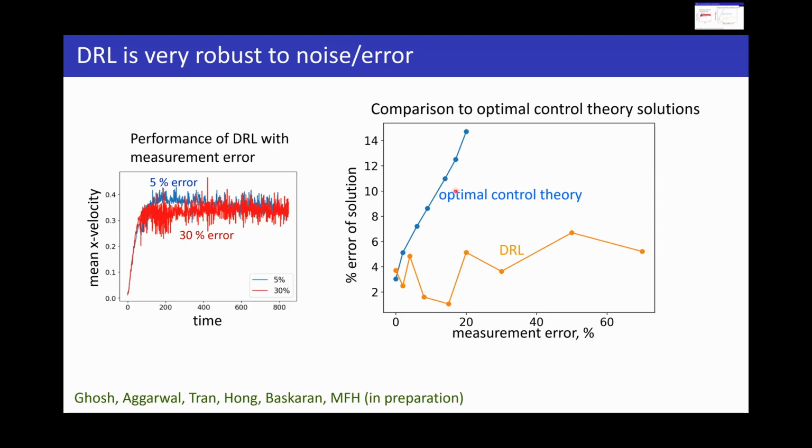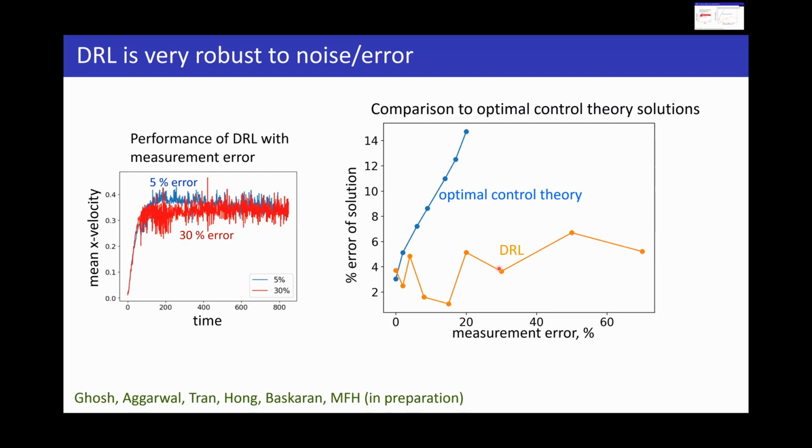There are indeed things you can add to optimal control theory to help make it more robust against noise and error, like linear feedback or recalculation. The point I want to make here is that the reinforcement learning is remarkably robust to measurement error. Satoshi, at this point, hasn't put in a large enough error to really break it. So just right out of the box, it's quite robust against noise and error.